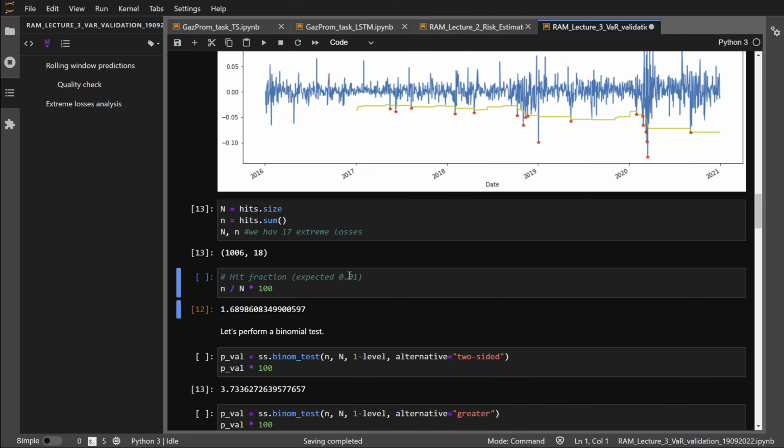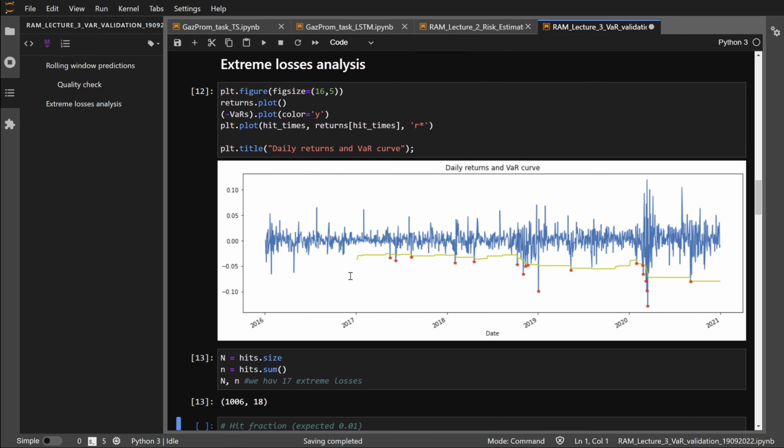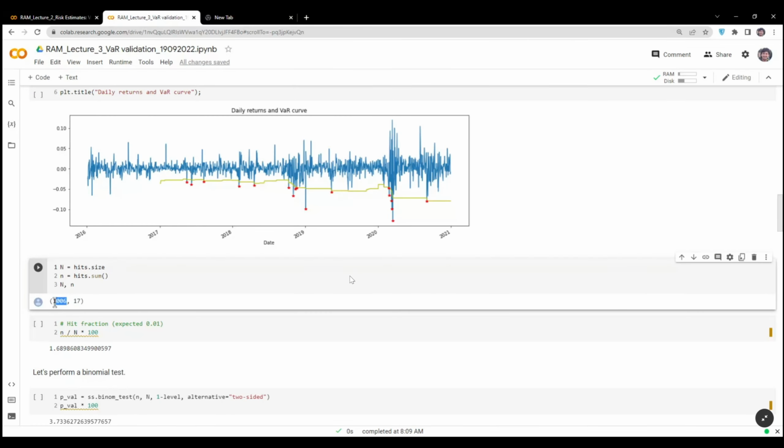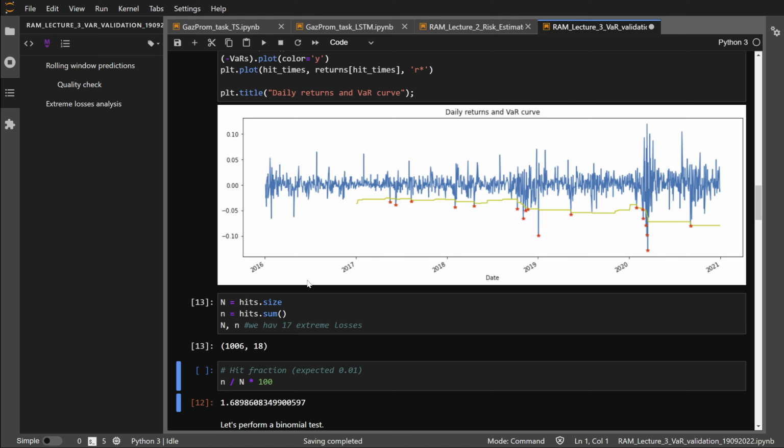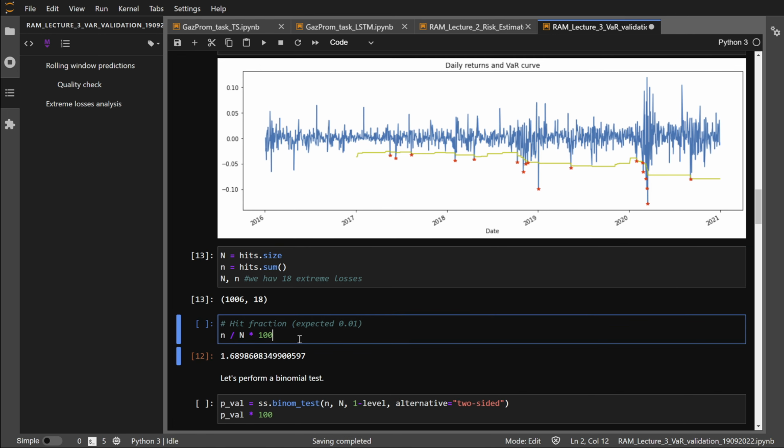Here's a question from Mikhail. What does 106 mean? Mikhail, this is the number of observations when I have a value at risk estimate and I have the observed return of this day. Okay, so let me remind you what I'm trying to do.